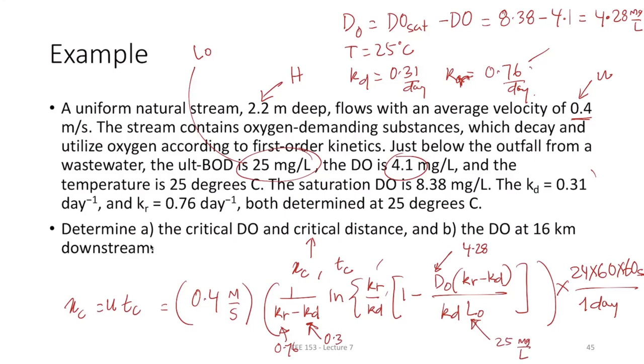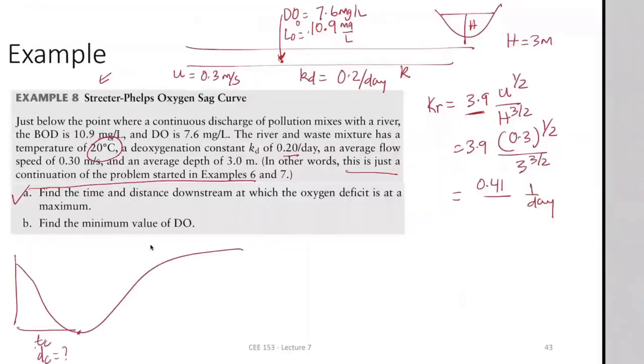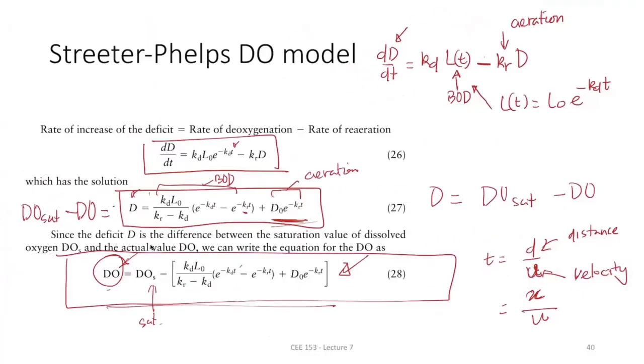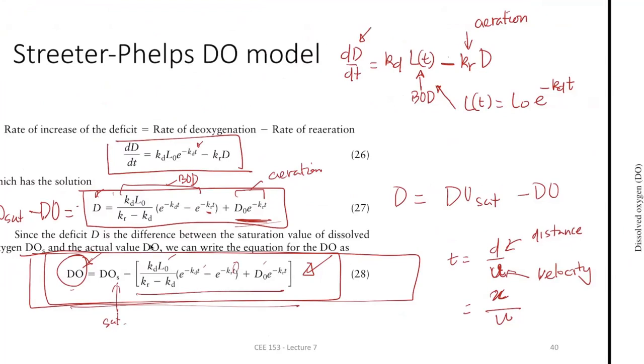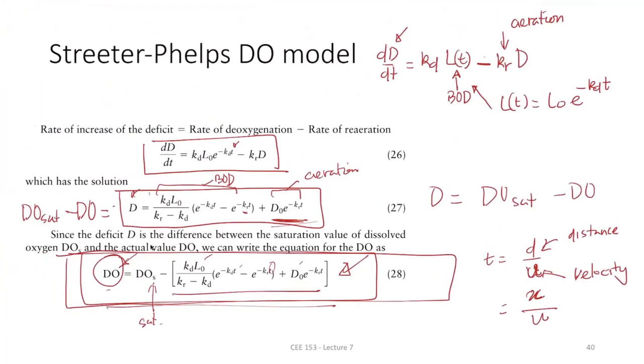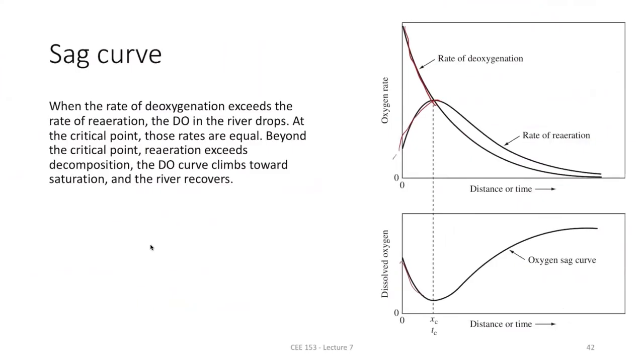If you know the critical distance, you can calculate the critical DO. What's the equation for DO? It is this. DO equals DO saturation minus the entire term, and the time would be what you just calculated, t equal to tc.